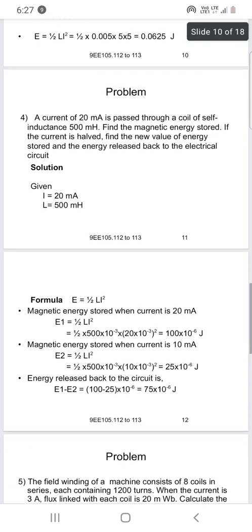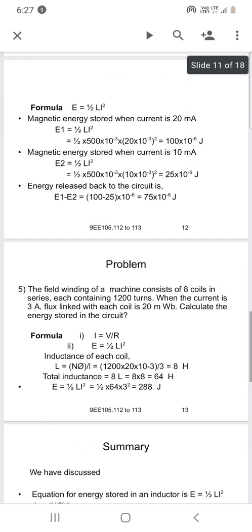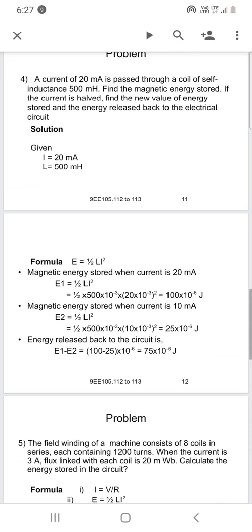So this is the third problem. Next, the fourth problem. A current of 20 milliampere is passed through a coil of self inductance 500 millihenry.